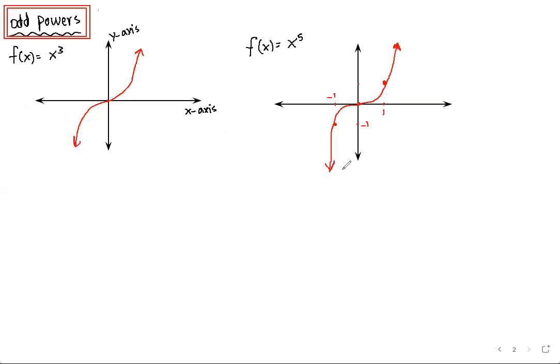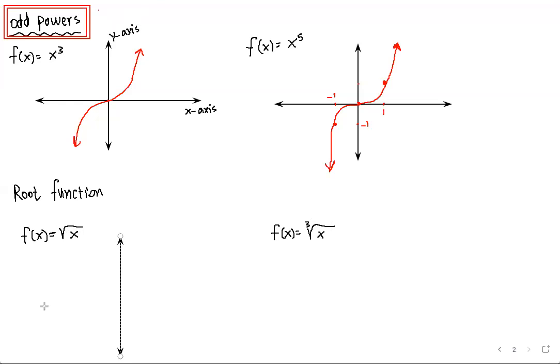Okay, we finished the power functions. Now the root functions. For example, we have to know the graph of the function f of x equals square root of x, and also the graph of f of x equals the third root of x. The graph for this one, as we learned before, just to remind you, will be something like that.